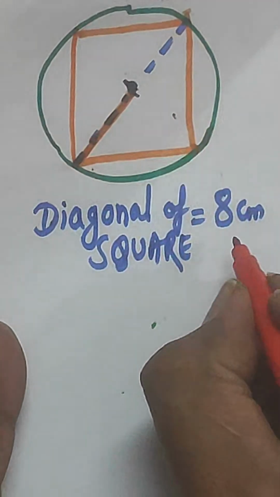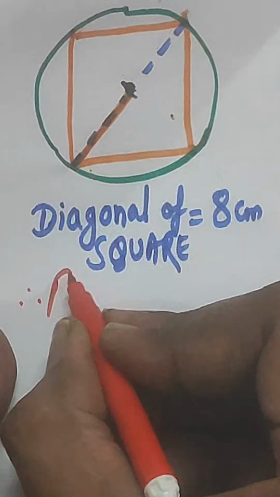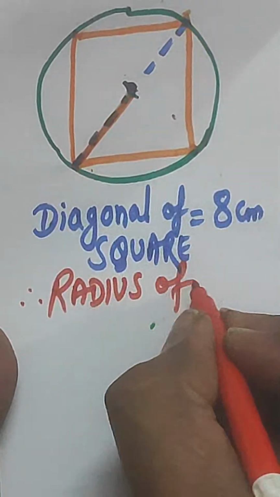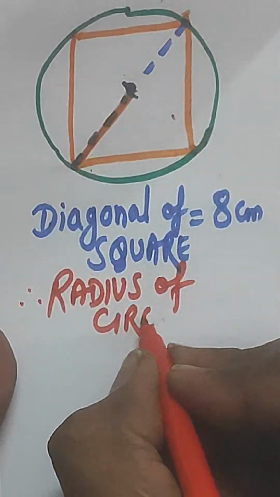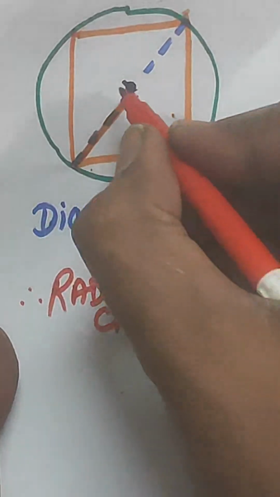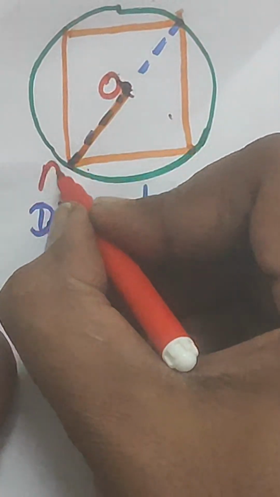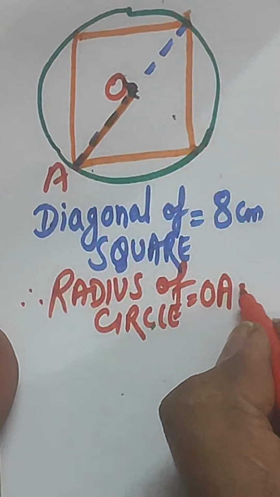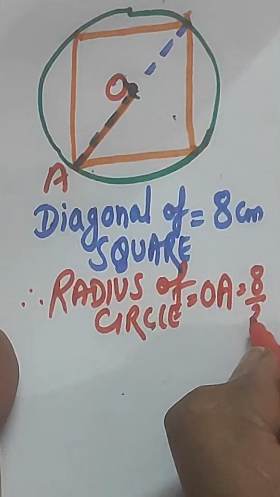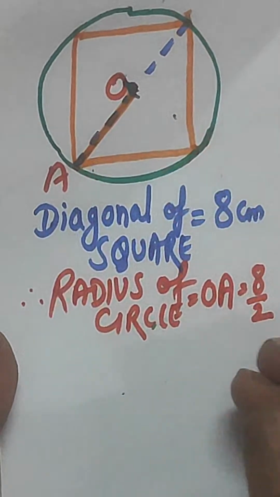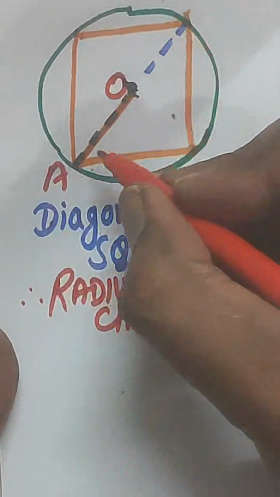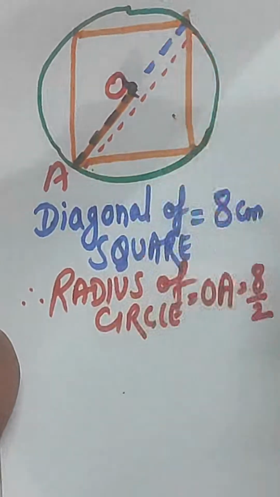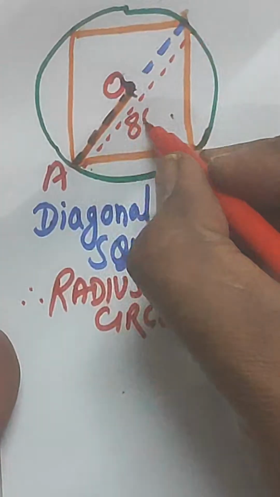So we can say that radius of circle, let us say OA, is equal to 8 by 2, because this complete length is 8 centimeter.